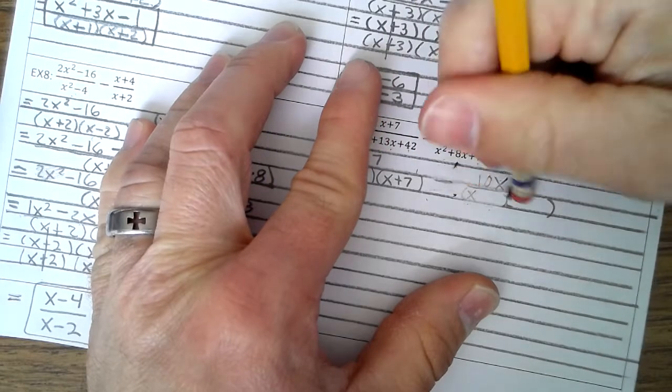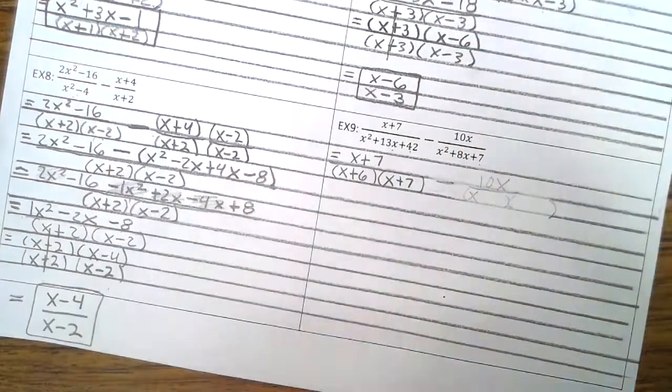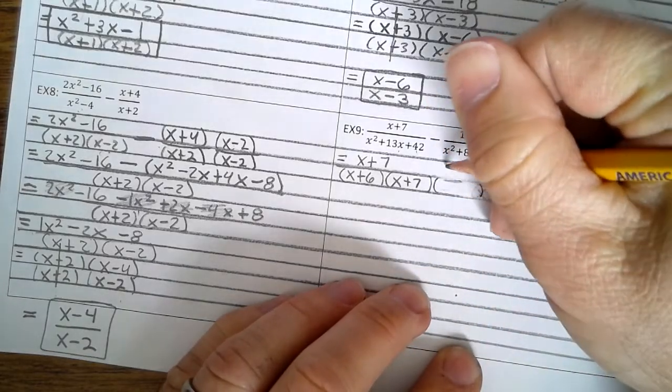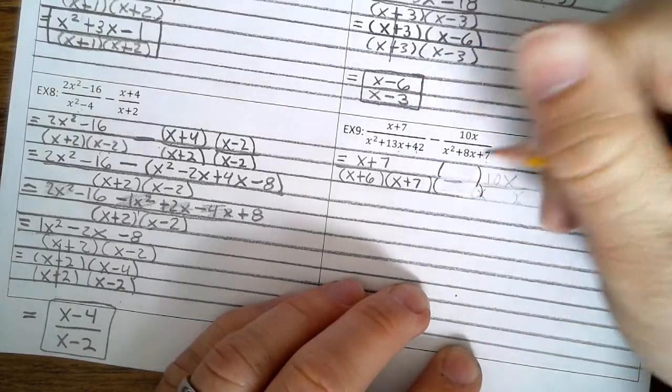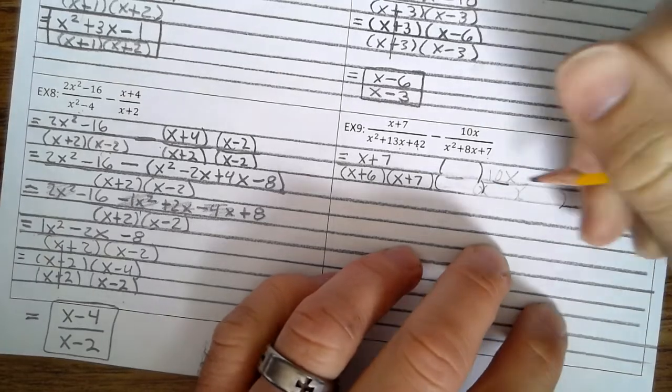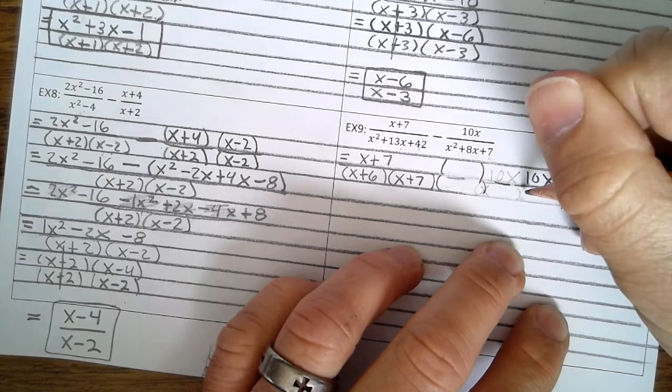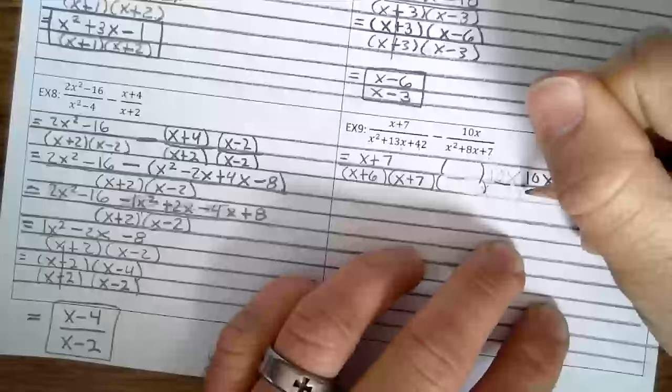Minus 10x, parentheses, and we know x and x make x squared. Now we need to find all the combinations to make 7 and combine to be 8. This is easy. X plus 1, x plus 7. Okay? And then again, we're going to have to multiply this by something here and here.